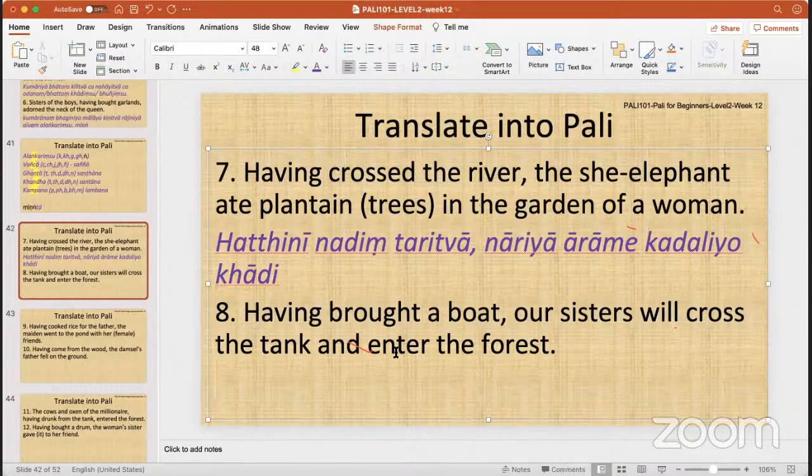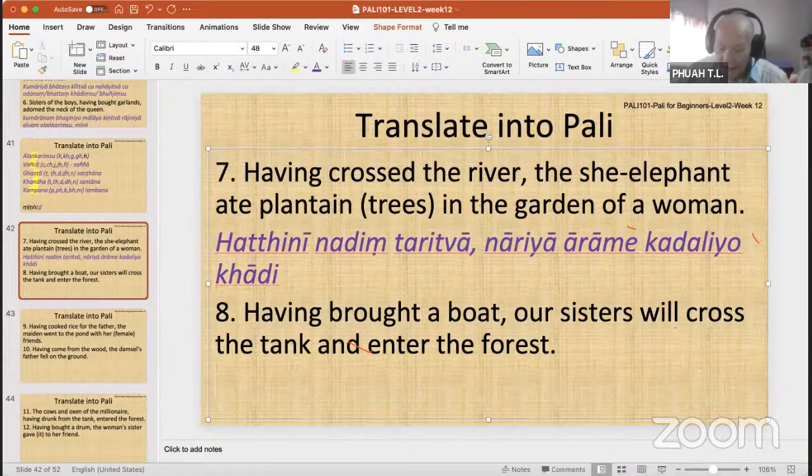Having brought a boat, our sisters will cross the tank and enter the forest. So will enter, right? What is the verb for will enter? Pavisanti. Sorry, Pavisanti.